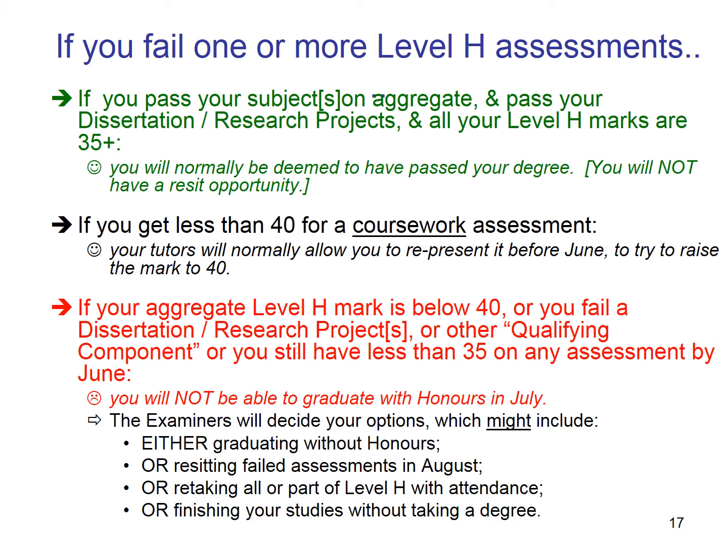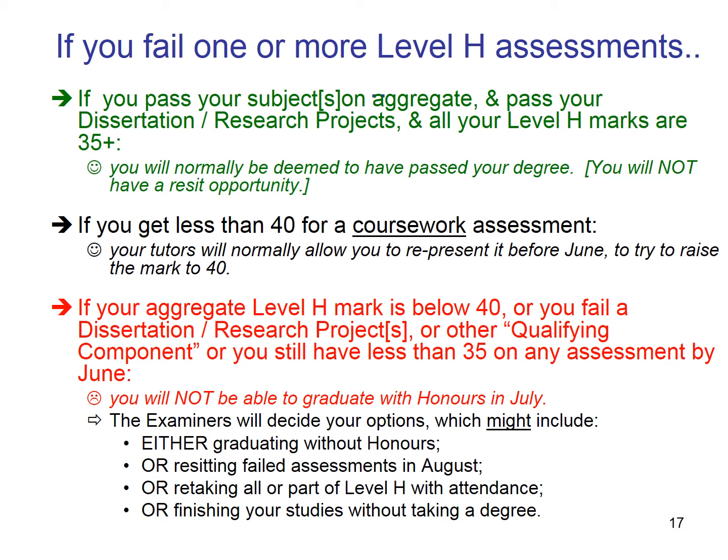If your aggregate mark for level H is below 40, or if you fail a dissertation or research project, or any other assessment which has been identified by your department as a qualifying component, which means it's a component you have to get a mark of 40 for, or if you've still got a mark of less than 35 by June, then you will not be able to graduate with honours in July.